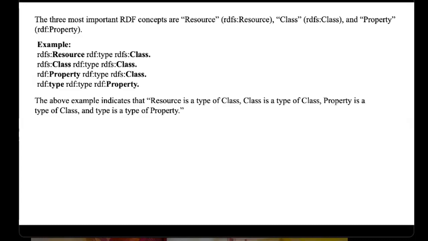We use the rdf:type property to declare that something is a type of something else, as follows. Like here you can see: rdfs:Resource rdf:type rdfs:Class; rdfs:Class rdf:type rdfs:Class; rdf:Property rdf:type rdfs:Class; rdf:type rdf:type rdf:Property.